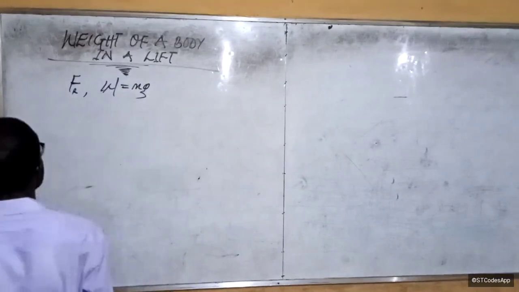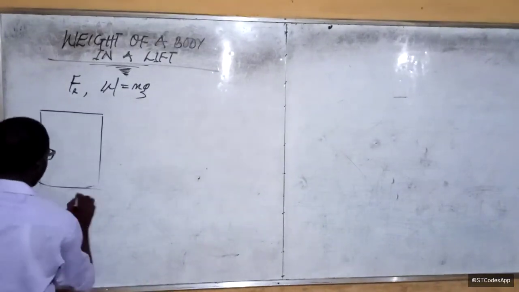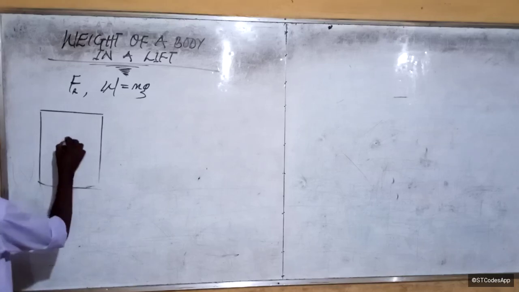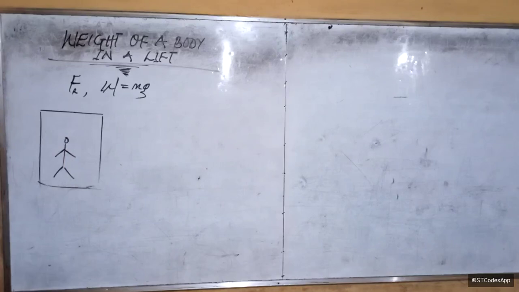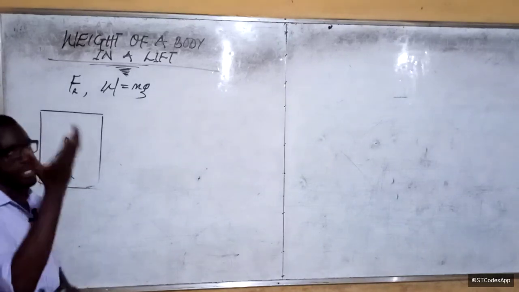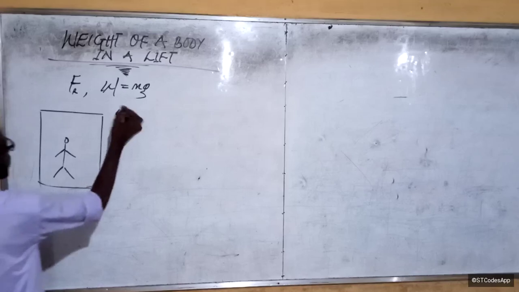The first one is if a body is in a lift, for example, so you have this body in a lift. There's a lift, and the lift was going upward or downward. But this condition one.